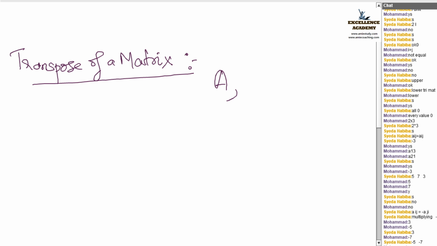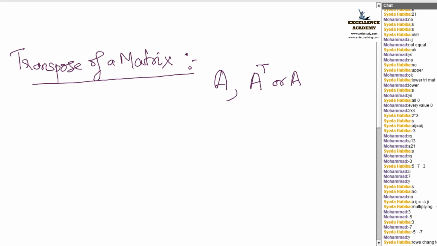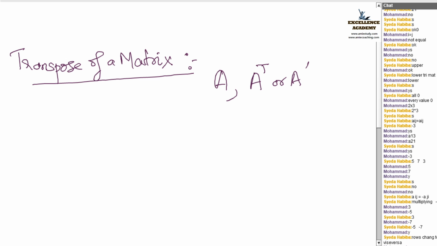If A is a matrix, I can write A transpose like this, or A dash. Yes, row changes to column and vice versa. Do you agree?